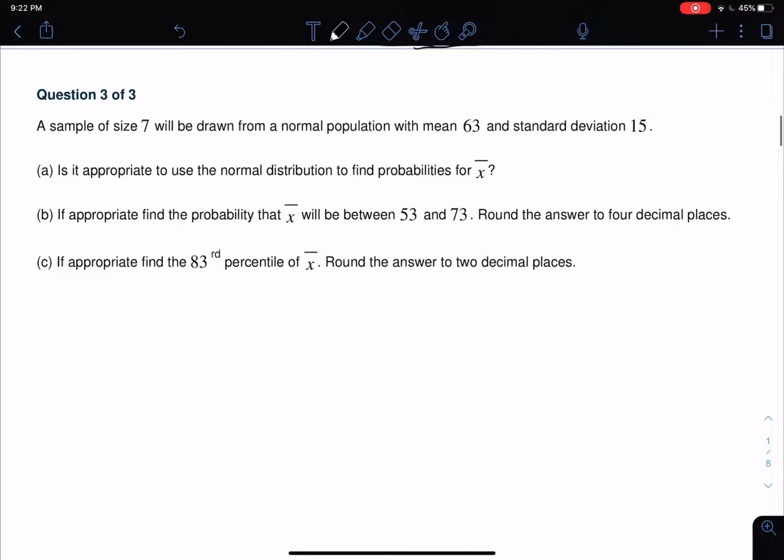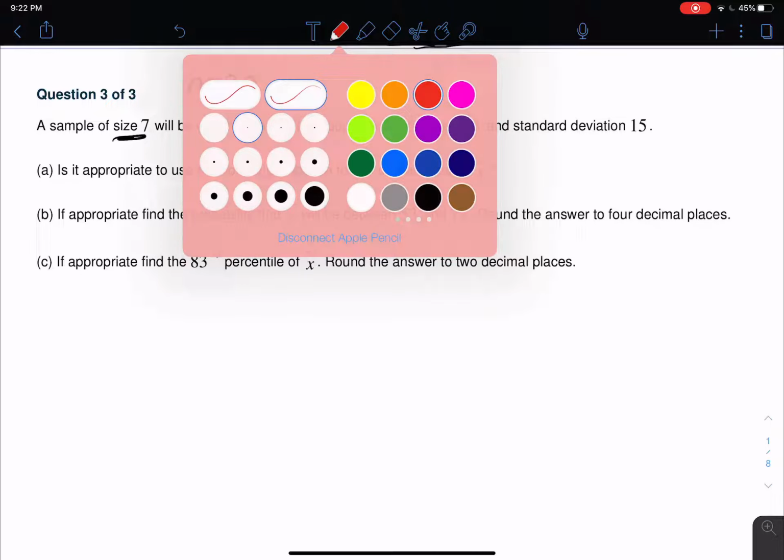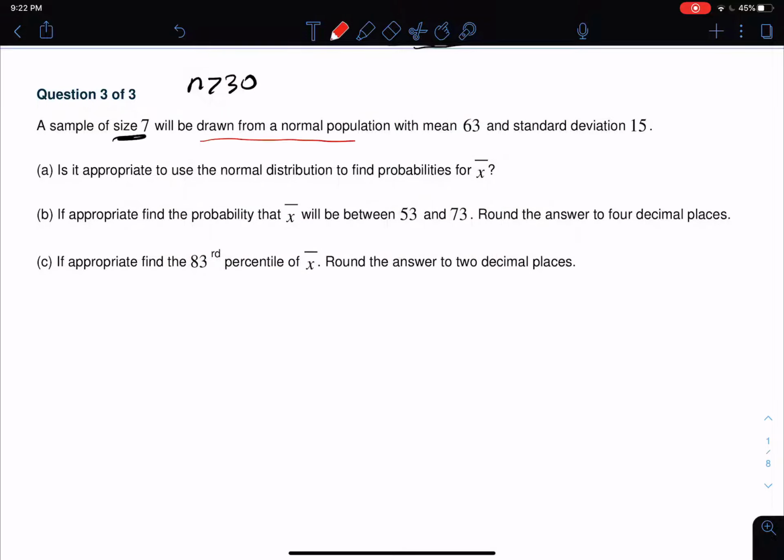First question, a sample size of 7. Now that should be a little bit alarming because we know to use the central limit theorem, sample sizes must be greater than 30. But the sample will be drawn from a normal population, so we don't have to worry about that.